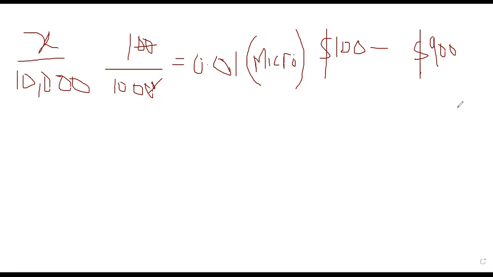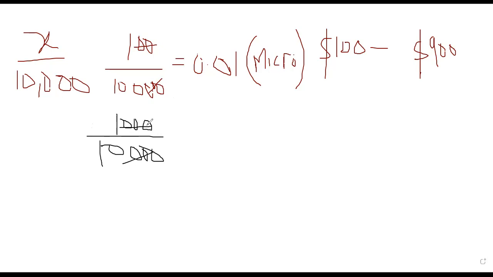Now let's look at the next one. The next one is when we talk about $1,000. These two zeros cancel these two zeros. The next one is mini lot size. These three cancel these three.